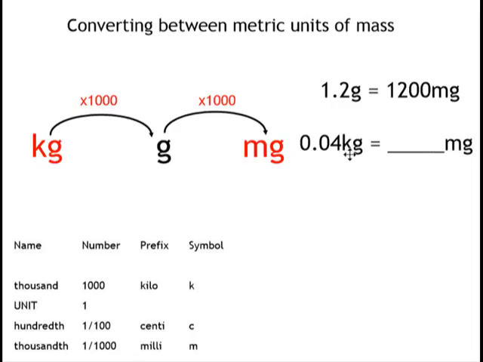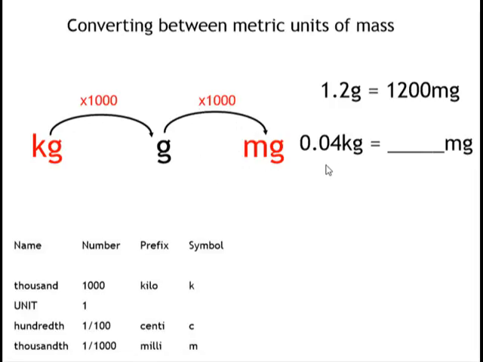This time I've got kilograms and I want to convert all the way down to milligrams. So if I look at my conversion chart, I can see that I put the number in here and multiplied by 1,000, and I would have converted that to grams. And if I then multiply by 1,000 again, I've converted that number to the number of milligrams. So I have to multiply by 1,000 and multiply by 1,000 again.